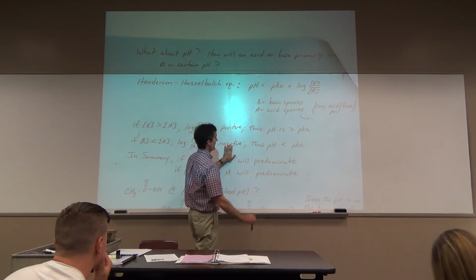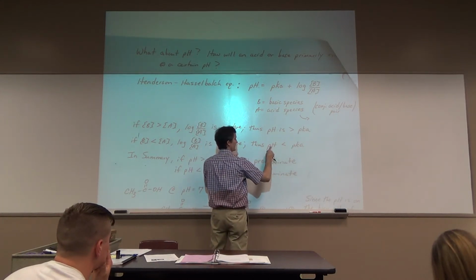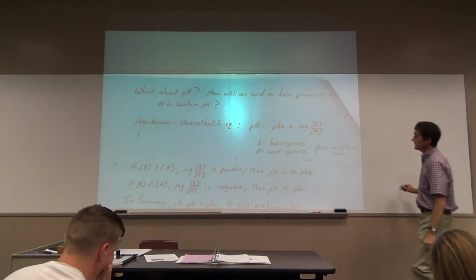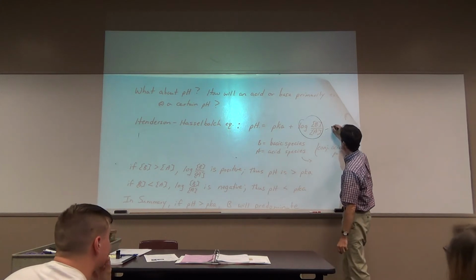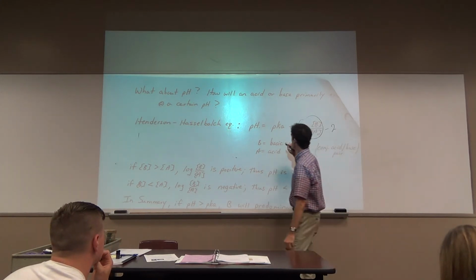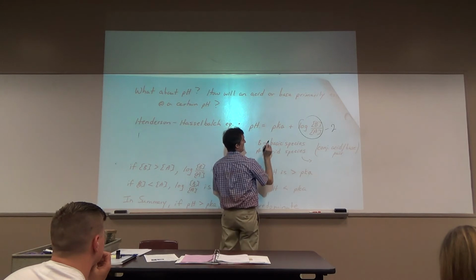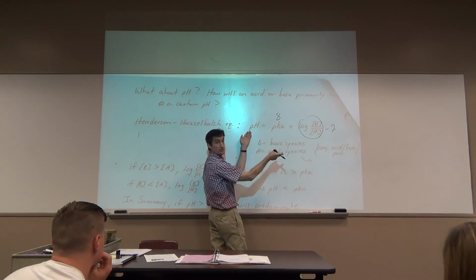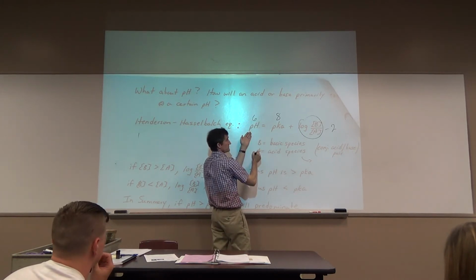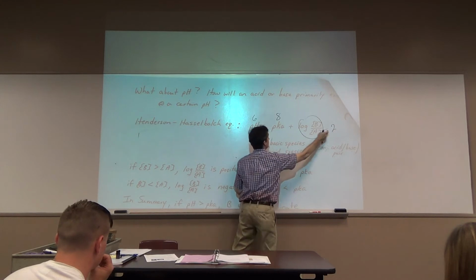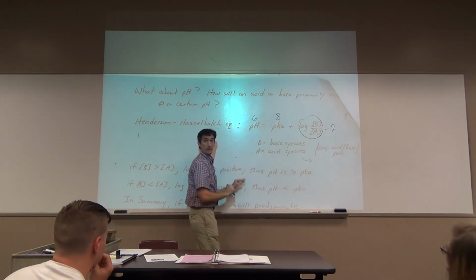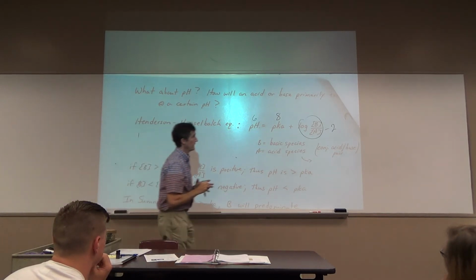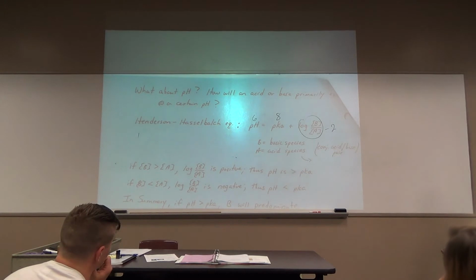And if this is negative, that means the pKa is greater than the pH. If this is a negative number, like negative 2, and the pKa is 8, then what will pH equal? 8 minus 2, 6. If this is negative, the pH will be less than the pKa. That's the math. It's all just simple math there.